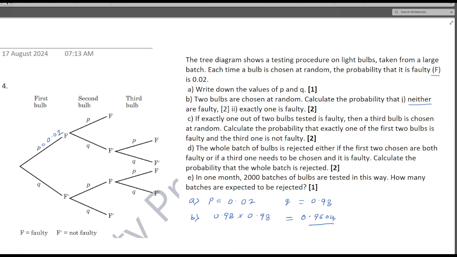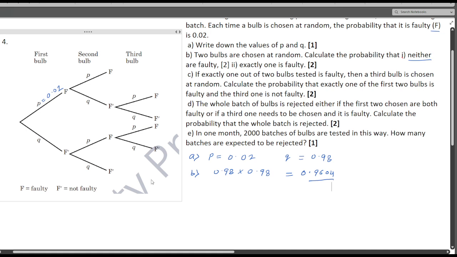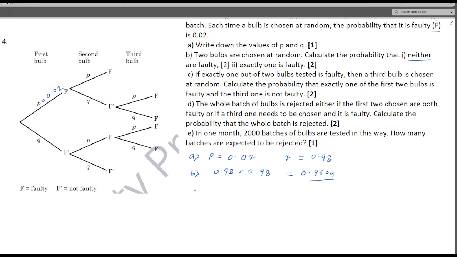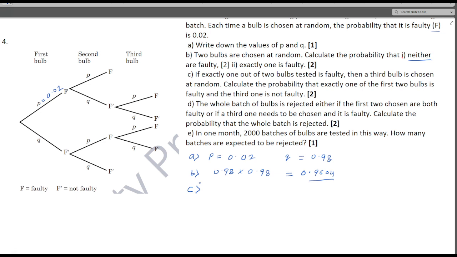So 0.9604 is your result for B. Now C. Question C is, if exactly 1 out of 2 bulbs tested is faulty, then a third bulb is chosen at random.